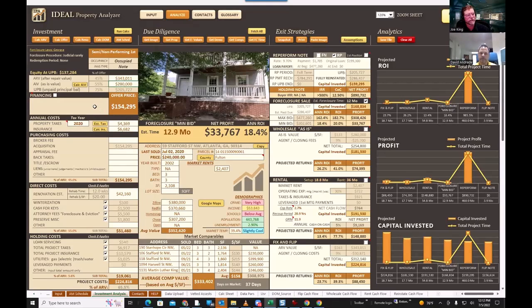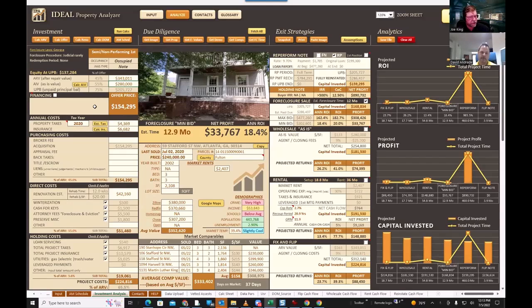Now the seller has said, I'm looking for 75 to 80% of UPB on this non-performing note. Now most people out there would say, that's just way too high. I'm not paying that kind of money on a non-performing note, especially one that has hair on it. Well, I'm here to say that if you look at the numbers and you understand them, paying a little bit higher percentage on the non-performing isn't necessarily a bad idea.